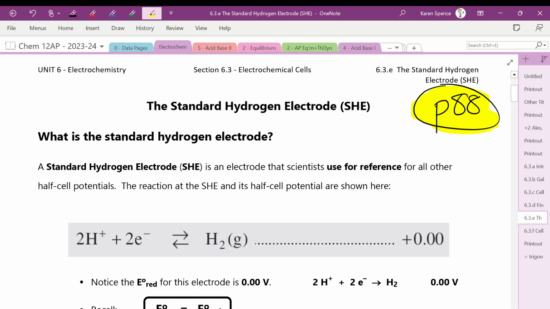Okay, the standard hydrogen electrode is also referred to as the SHE, which is kind of fun.